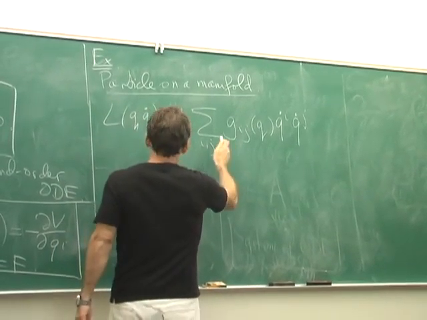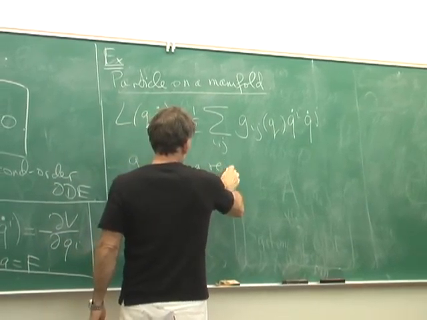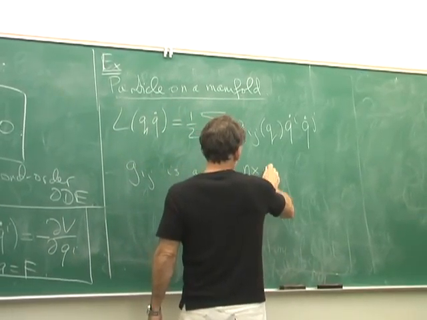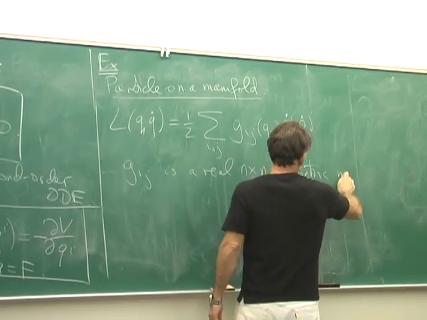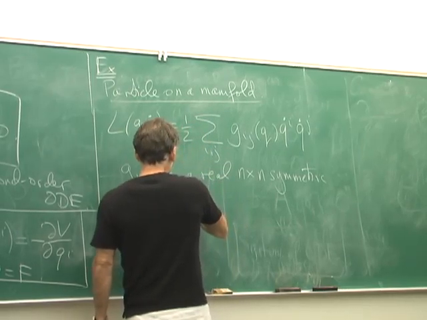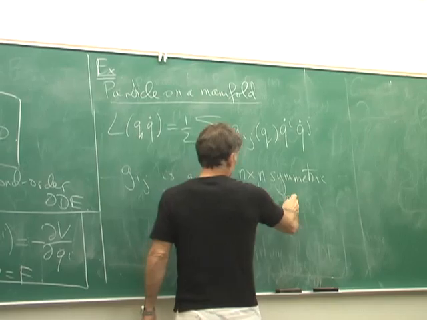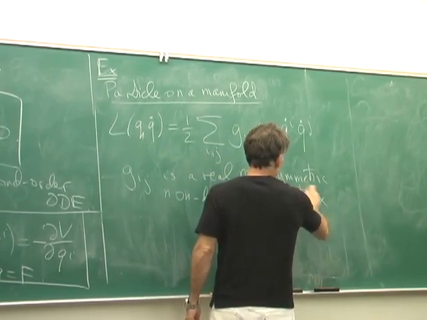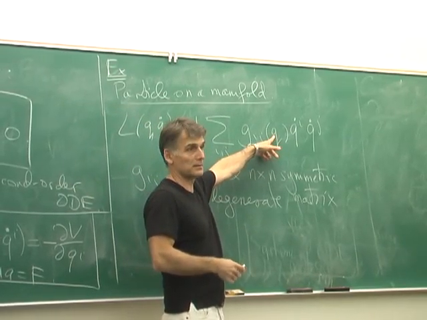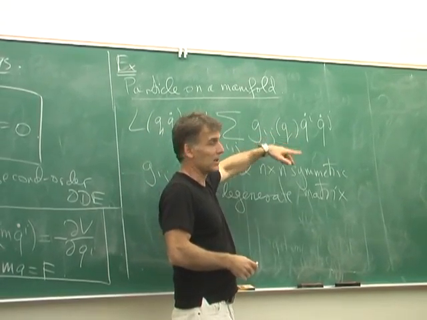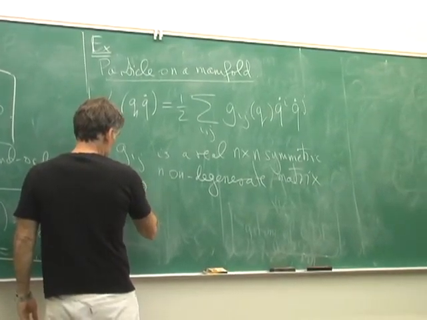Where this g_ij is a real n by n symmetric non-degenerate matrix, which depends on the position. So this is nothing but, well, this is called the metric or Riemannian metric.